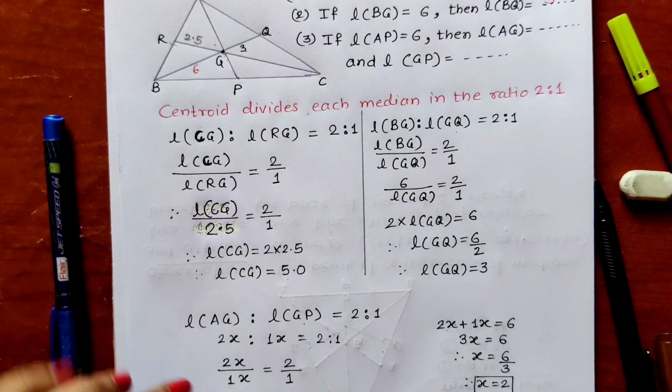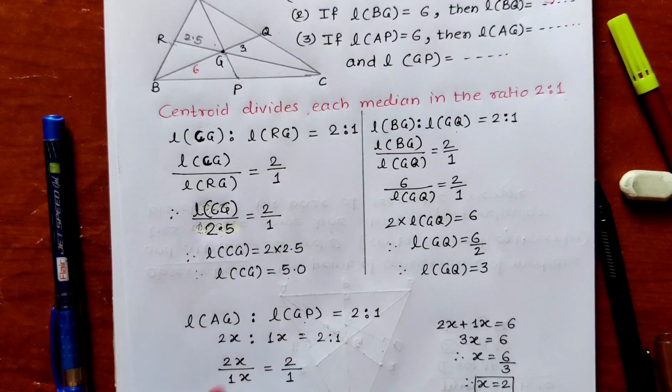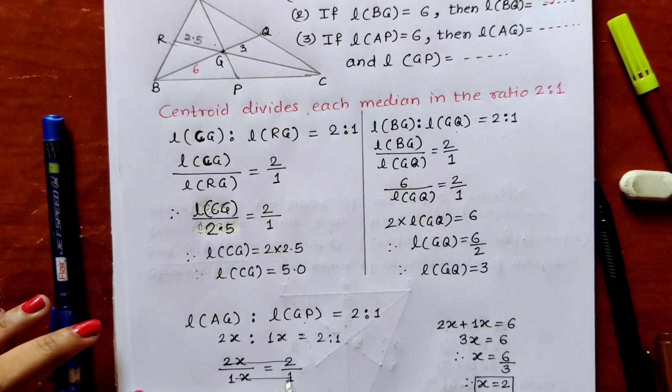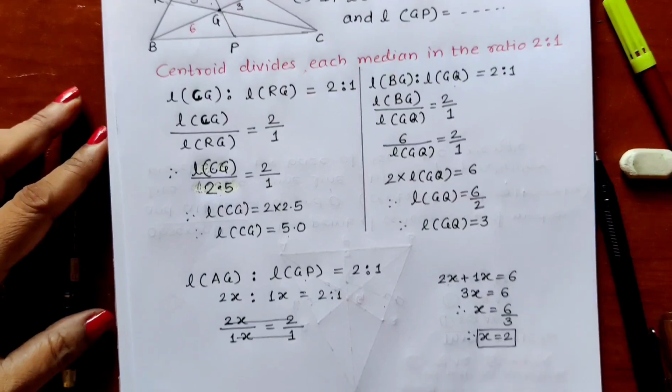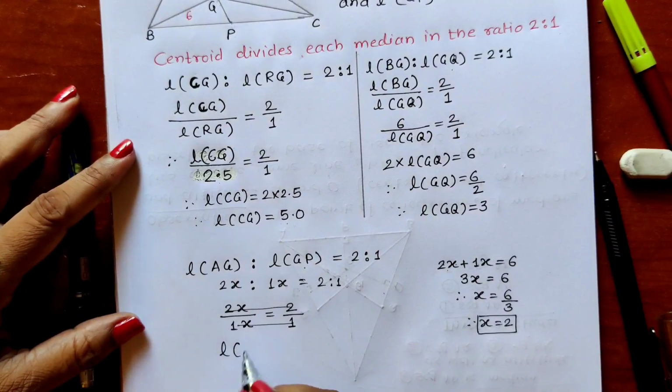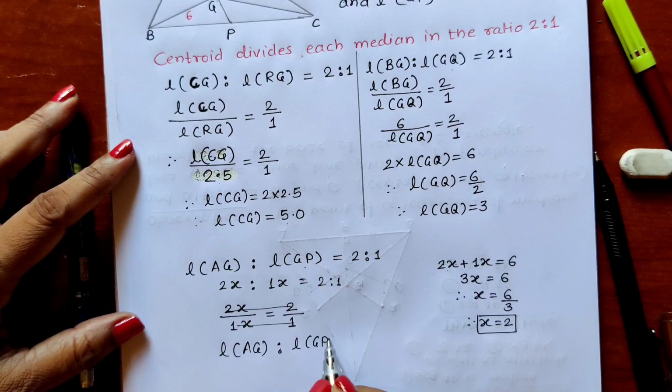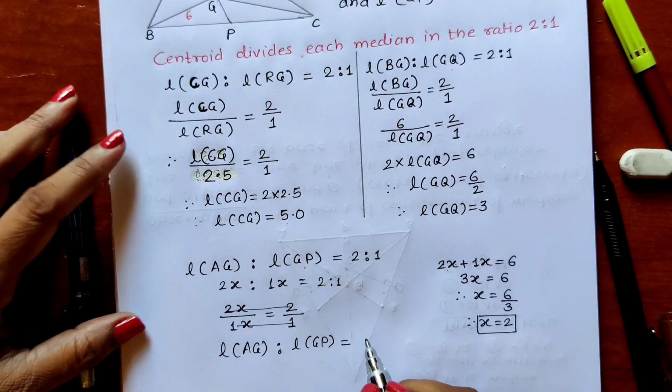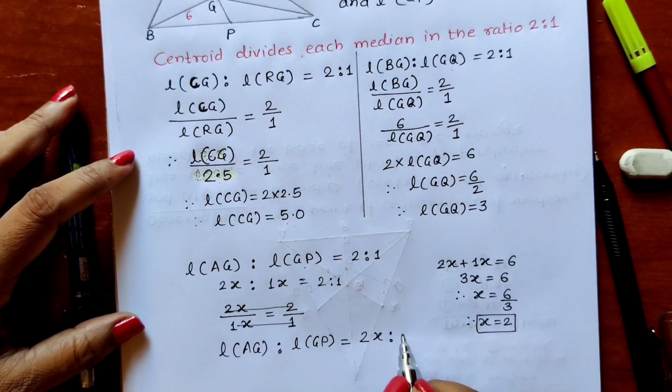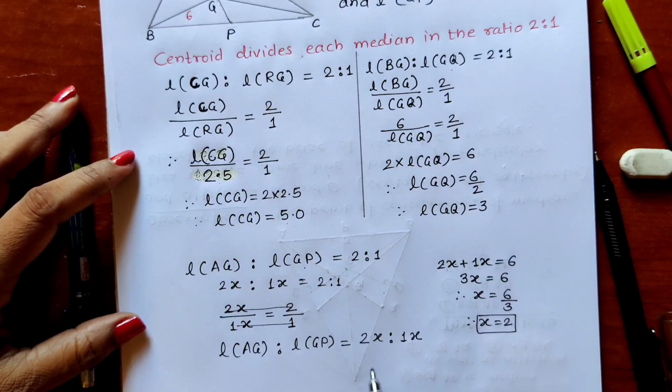So if GP is 1x, we will write it as length AG ratio length GP is equal to 2x ratio 1x. 2x means 2 into 2, and 1x means 1 into 2. So 2 into 2 is 4, and 1 into 2 is 2.